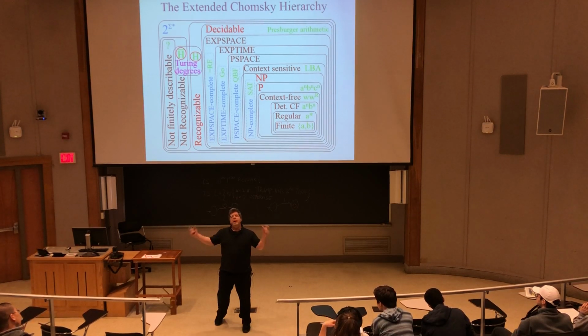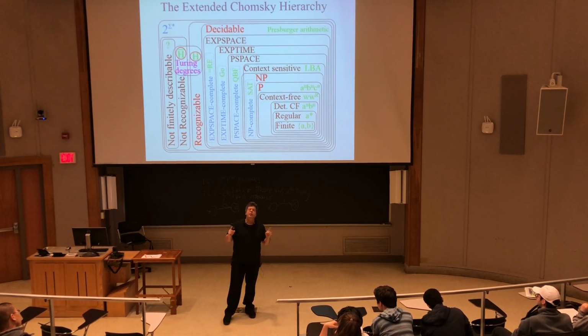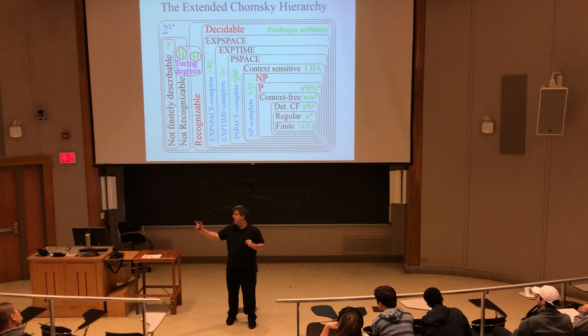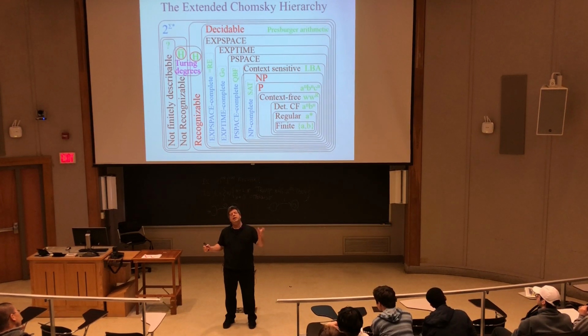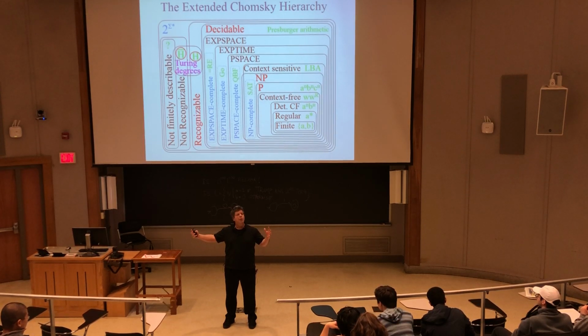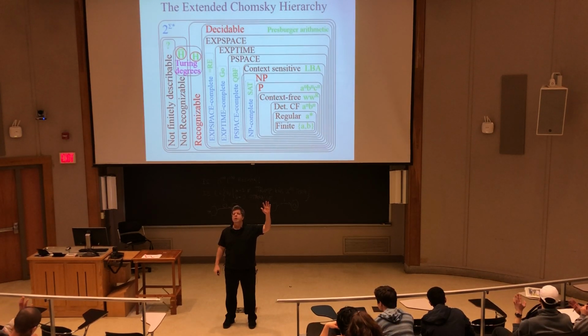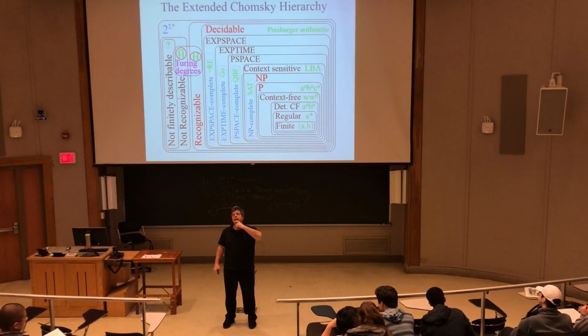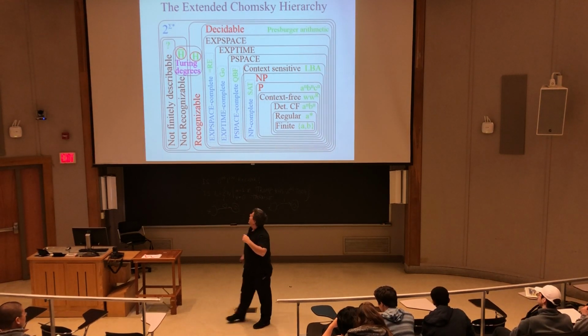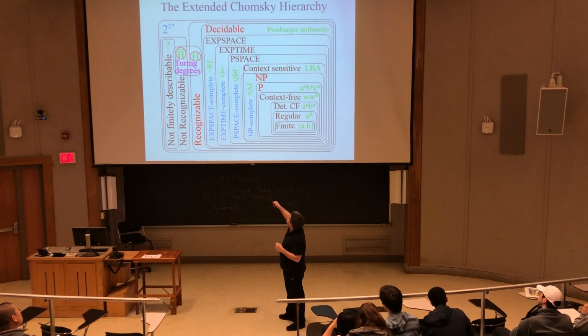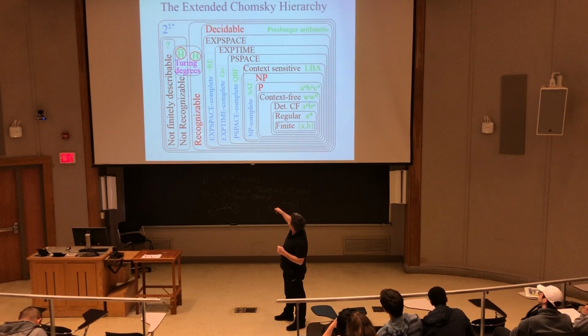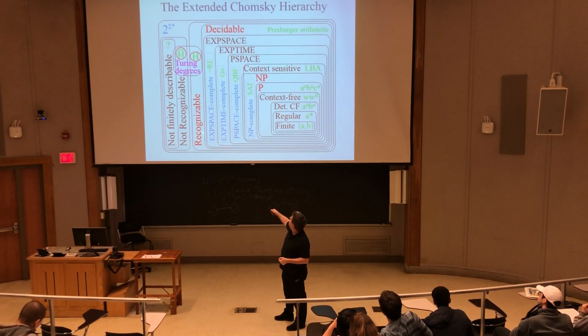But if you run both recognizers on the same input, one of them is sure to stop and say, yes, I recognize that, I accept it. Whether it's the recognizer for the language or for its complement, either way you stop and you know, which means now you've got a decider that always stops. How many get that? Good. I picked up half the class. That's good enough. So the complement of the halting problem can't be recognizable by this argument.